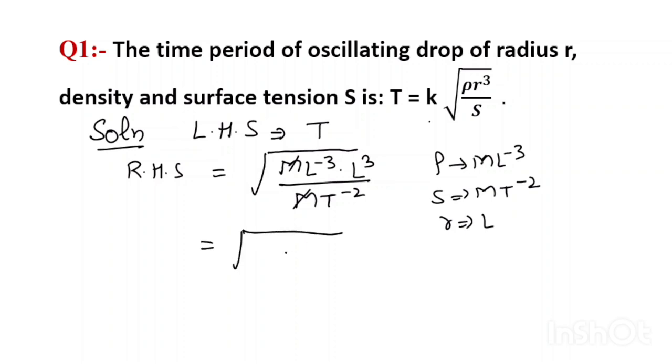Now in numerator L power minus 3 into L power 3, now we add the power and shift T power minus 2 into numerator.